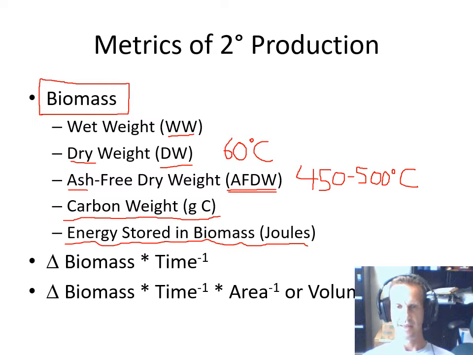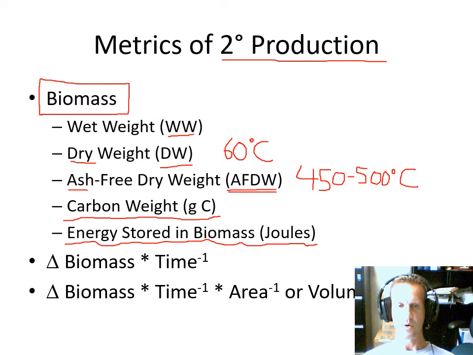So sometimes when we're looking at secondary production, we look just at these measures of weight, and other times we might actually look at the amount of energy stored in that material, which we have to measure in other ways.